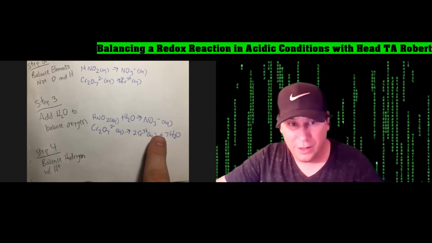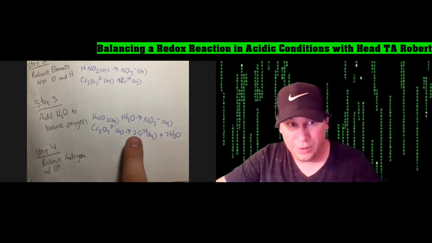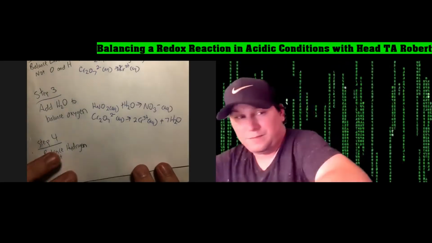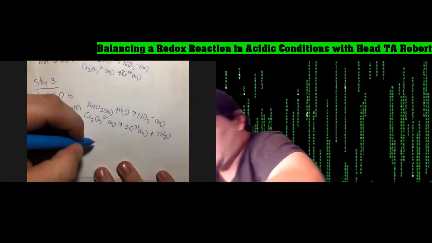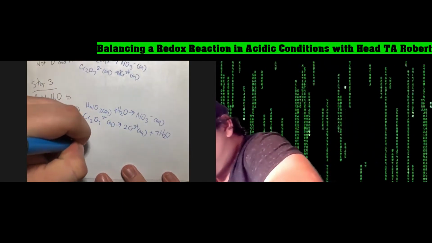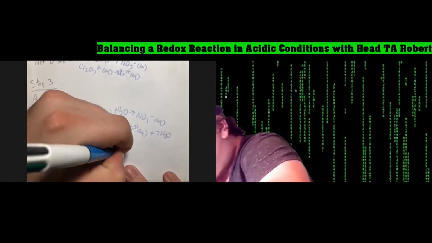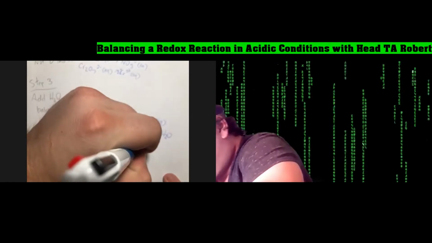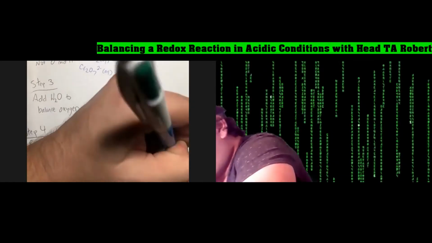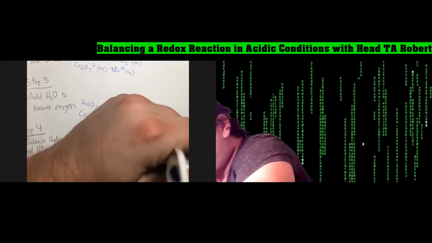Let's check this one out. 7 times H2 would be 14 hydrogen. So we're going to need 14 hydrogen on this side. We said we need 3 hydrogen, 3H+.